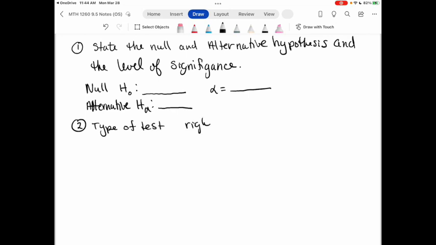In step 2, you're going to decide the type of test, which would be right, left, or two-tailed. You are then going to choose the distribution.